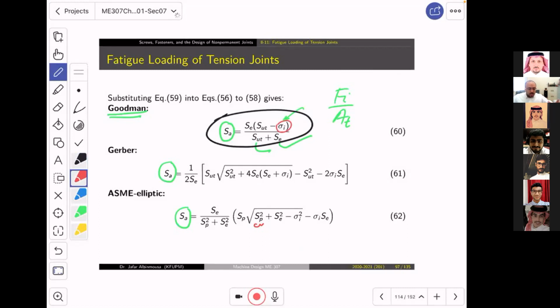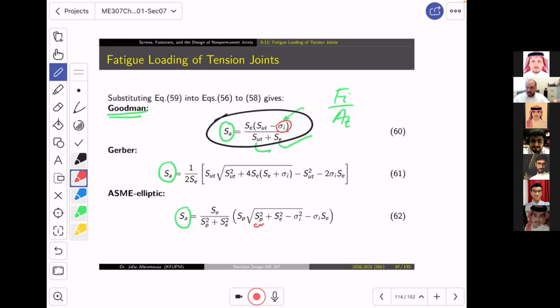So it is considered that the bolt always has an SE, whether you load it or you don't load it. Doesn't matter. And the ultimate strength of the bolt is SUT, whether you load it or you don't load it. And if you think about it, before you turn on the engine, sigma I is there.